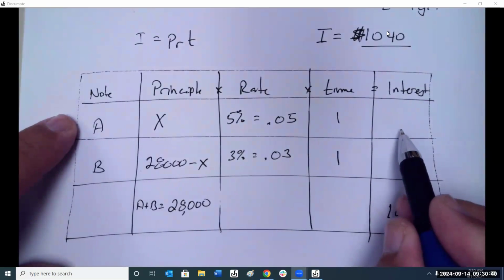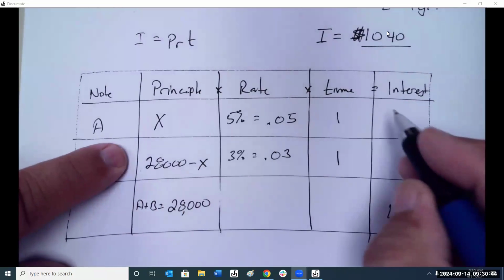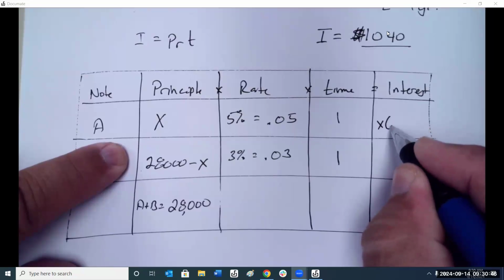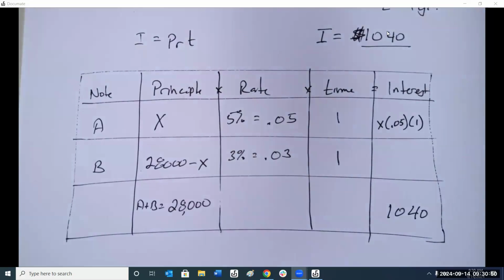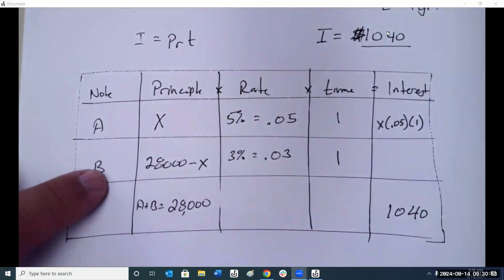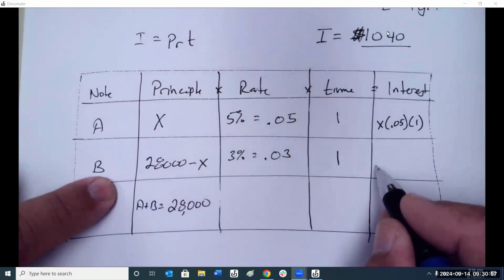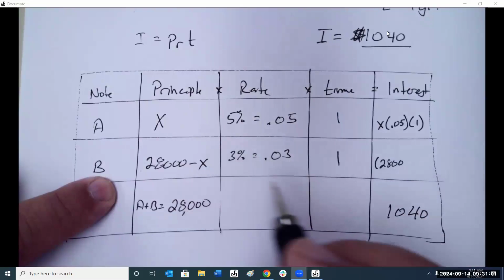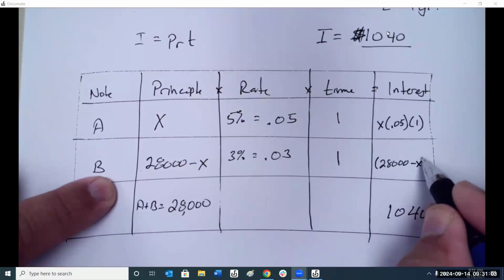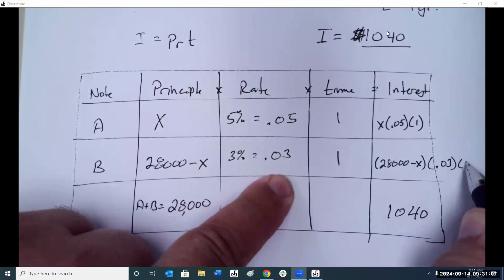So what goes in this box? What's the formula for interest? PRT. So we have X times 0.05 times 1. Of course, it's P times R times T. The next one is 28,000 minus X times 0.03 times 1.